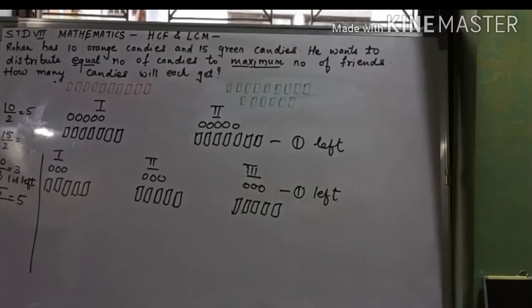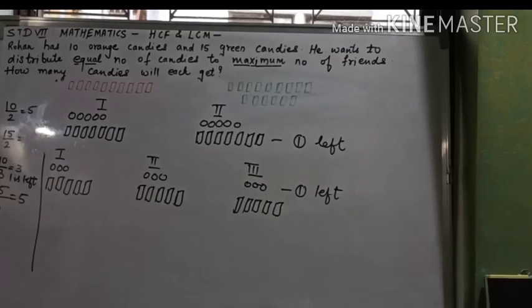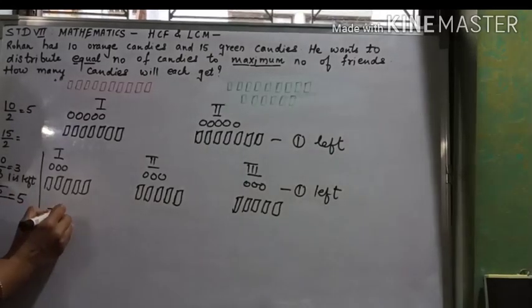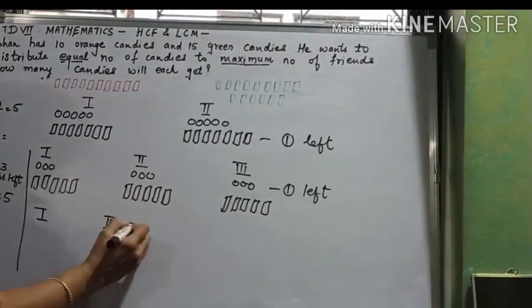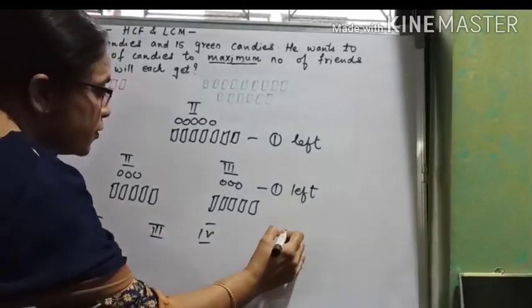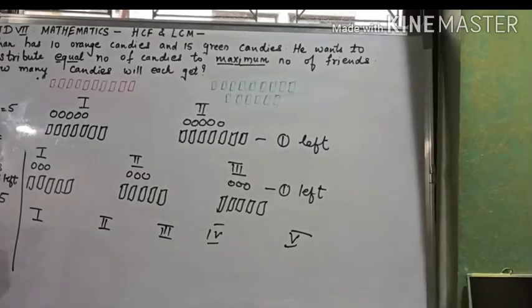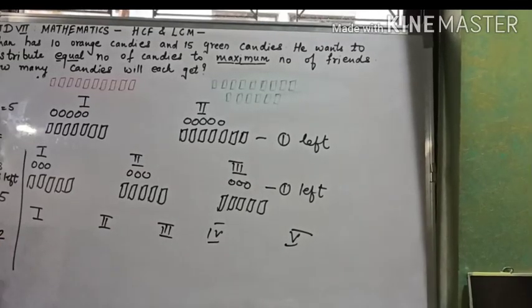Now if he distributes among 4 friends, then again 10 and 15 are not equally divided. Therefore he will distribute to the next number. So let us see if he distributes to 5 friends. So now you can divide 10 by 5, that is 2.